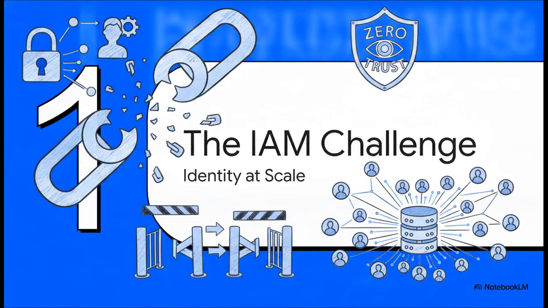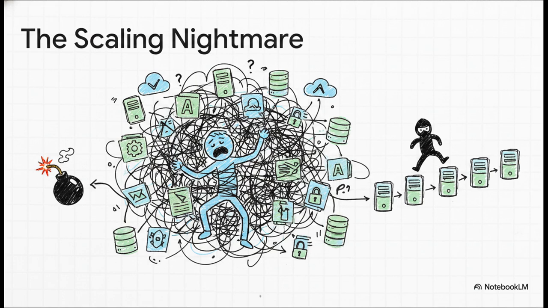Okay, kicking things off with Section 1, the IAM challenge, looking at identity at scale. Now, the true danger of poor identity management is this sort of snowball cascading effect. When you have hundreds of isolated systems, users are inevitably going to suffer from password fatigue. They just forget their logins. And your IT personnel, they get completely overwhelmed trying to manage all these decentralized accounts.